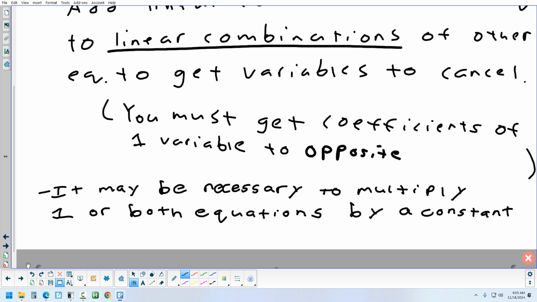In order to get them to be opposites, a lot of times you do have to multiply an equation by a number to make that happen. Now, even though you can multiply by any number that you want, generally we try not to multiply by fractions because that's going to get kind of messy.